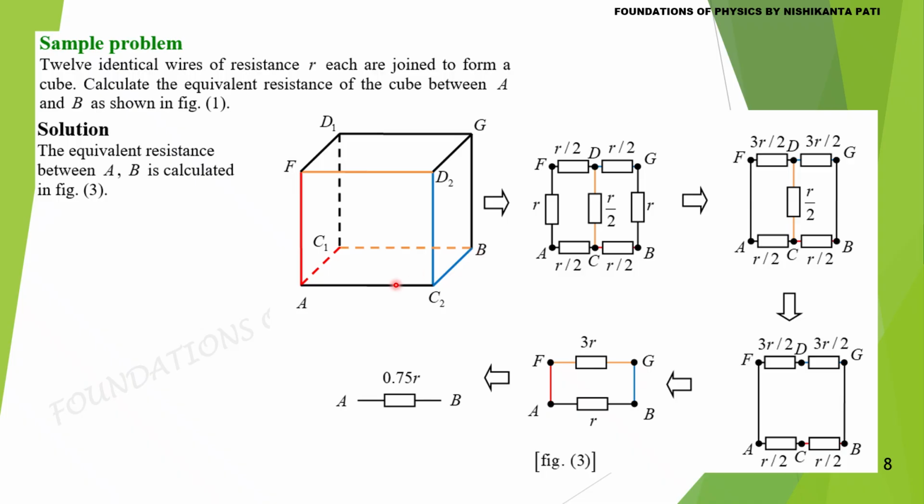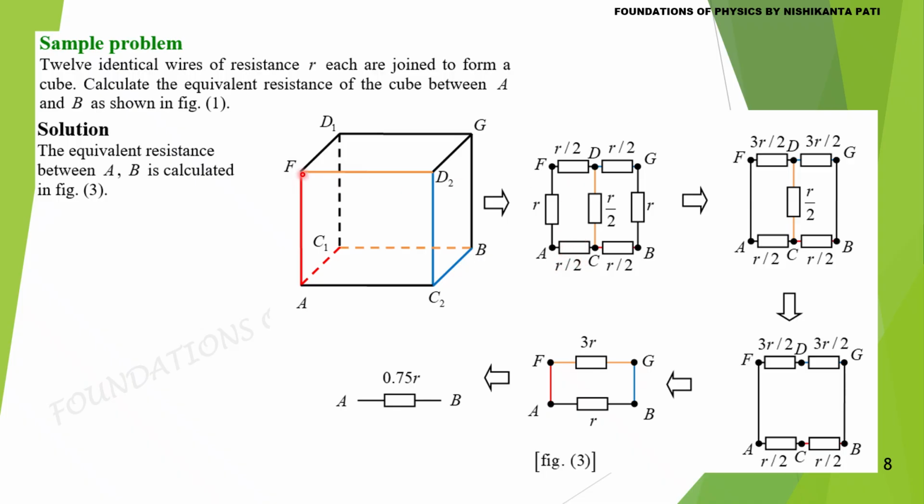If a battery is connected between A and B, C1, C2 have the same potential, D1, D2 have the same potential. We can join C1, C2 to form C. We can join D1, D2 to form D. In this way there will be no change in the current distribution. So this is A, these two combined is C. So A to C, this and this are parallel making R by 2.